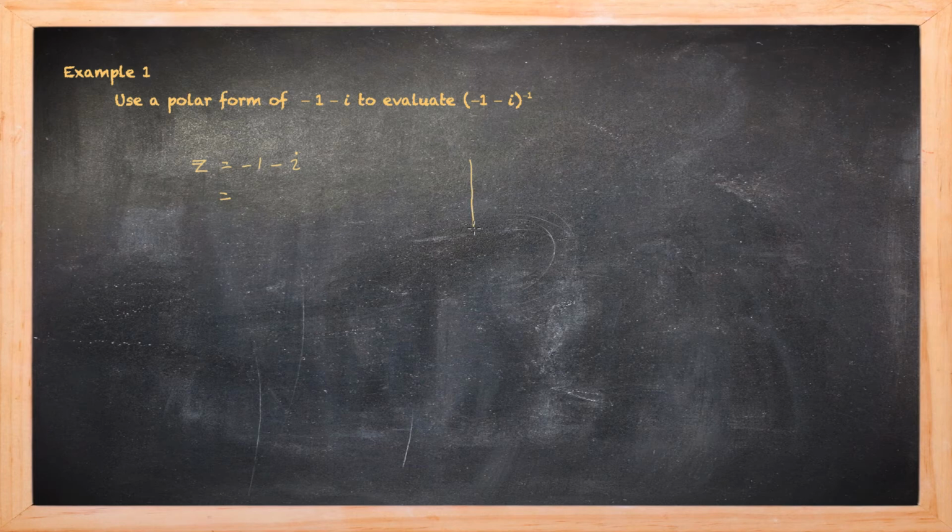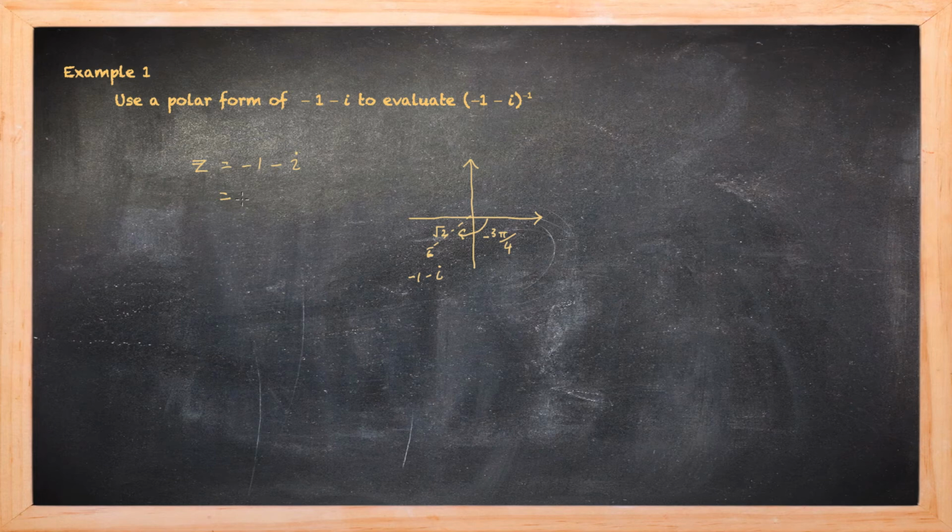Let's examine where -1 minus i lies in the Argand diagram. 1 to the left, 1 down. And we can see from that diagram that the principal value of the argument is -3π/4, and the modulus is √2. Imagine a 1 by 1 square here, and this is the diagonal of it.